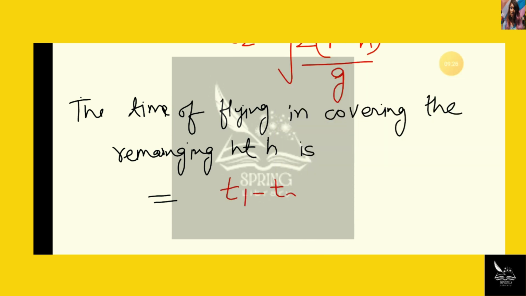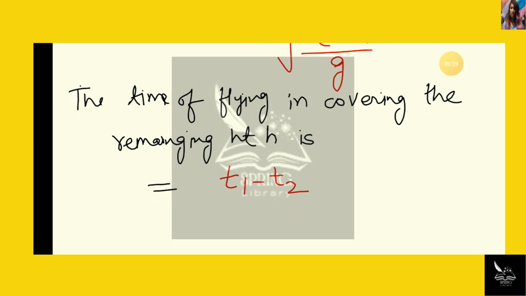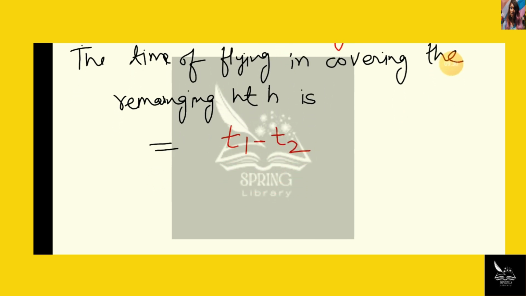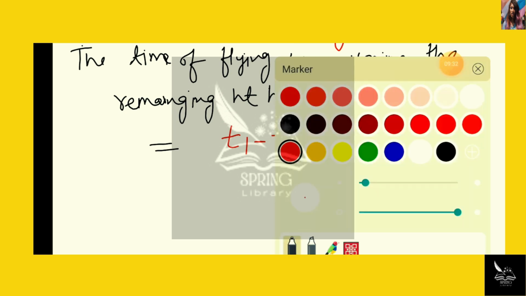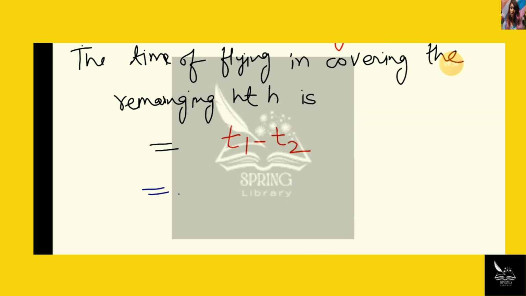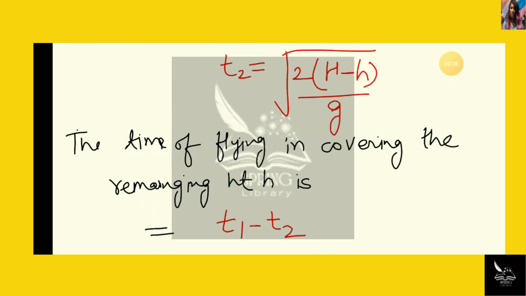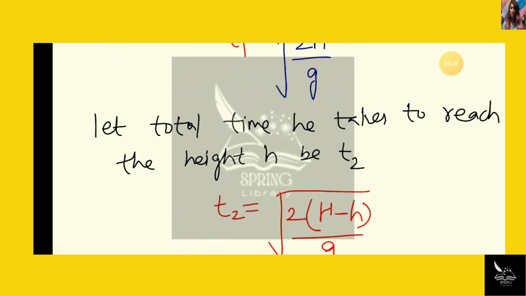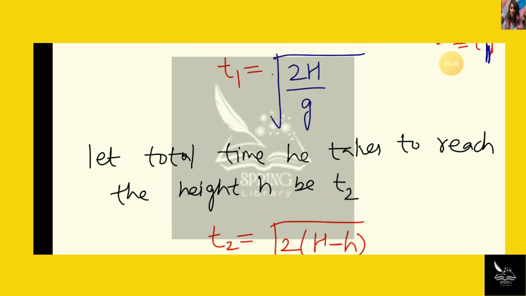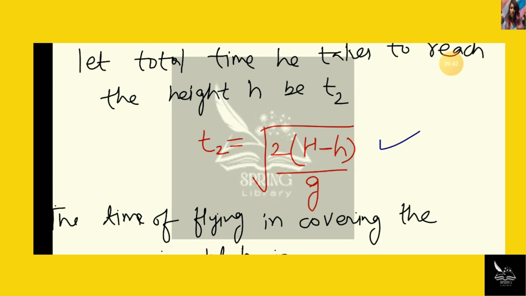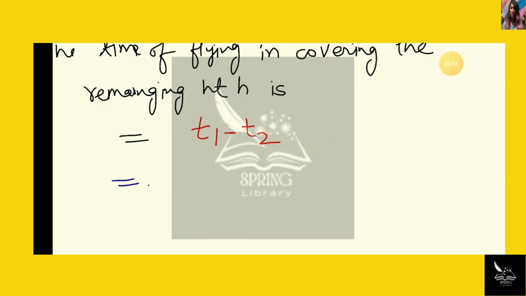So here the next step is to put the values of t1 and t2 which I got in the previous steps. So substitute this data in this line. The time of flying in covering the remaining height, t, will be equal to t1 minus t2.